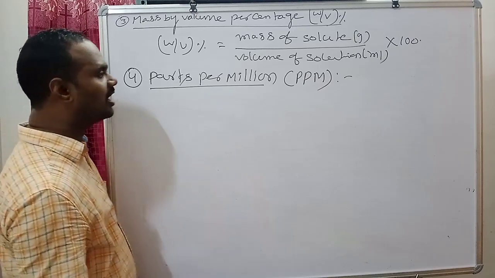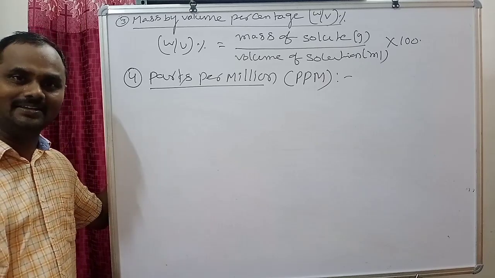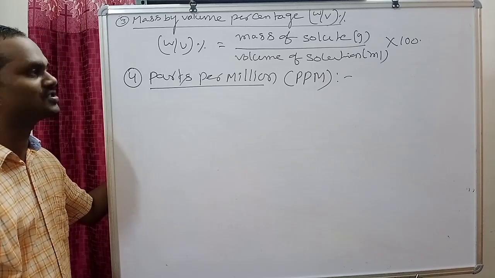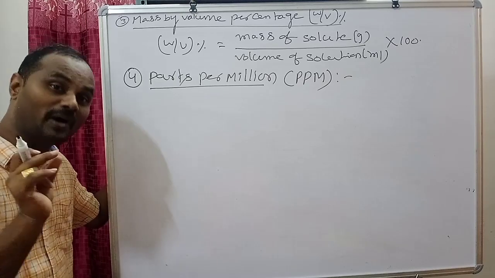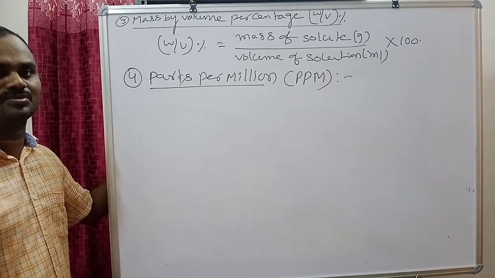Now we come to the basic definition. The number of parts of solute present in million parts of solution is called parts per million. Here parts means either volume or mass we can take.